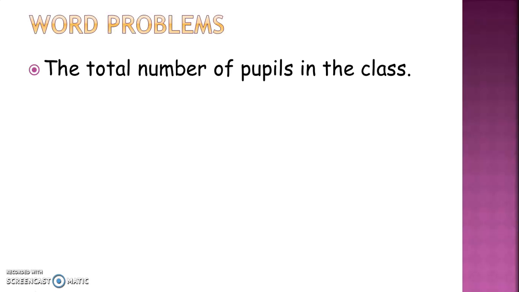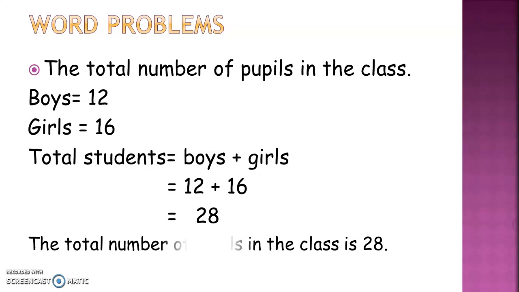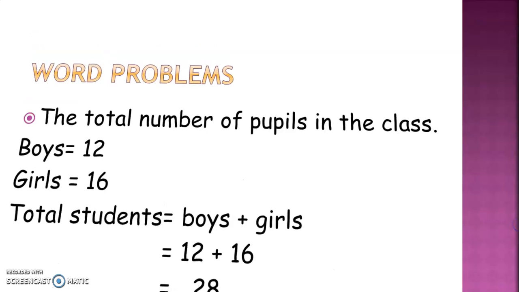This is the second part of the question: what is the total number of pupils in the class? Number of boys 12, number of girls 16, and all of you know that to find the total you have to add both of them. 12 plus 16, its answer is 28. So the total number of pupils in the class is 28.